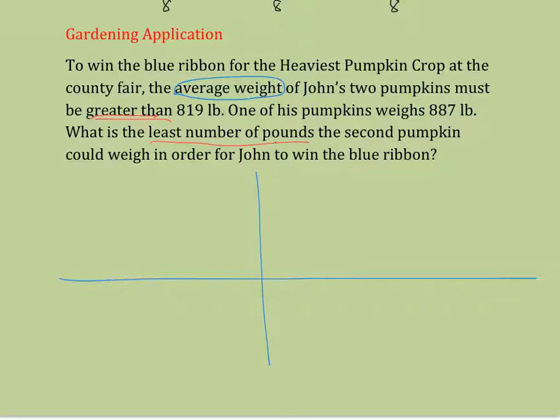So let's look at what it is we don't know. So the question says, what is the least number of pounds the second pumpkin could weigh? So that's our unknown. I'm going to let x equal the number of pounds of the second pumpkin.